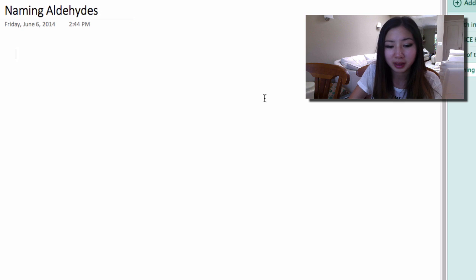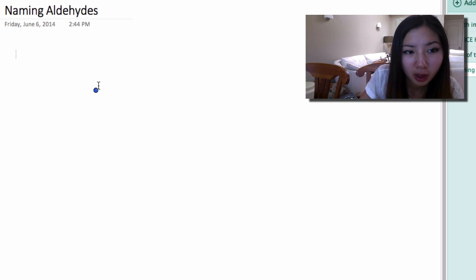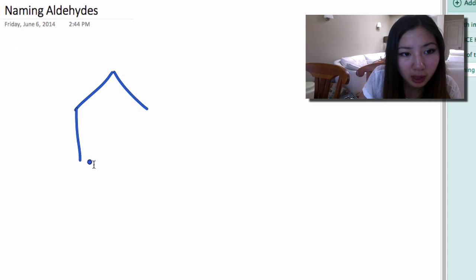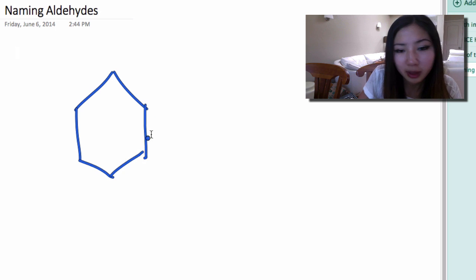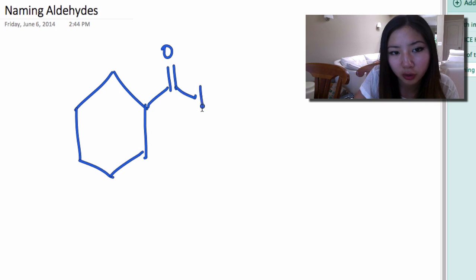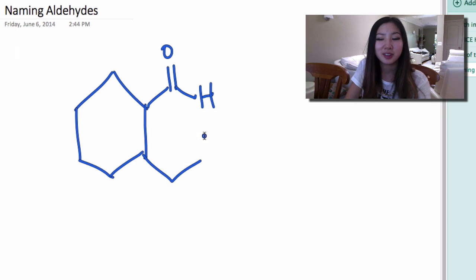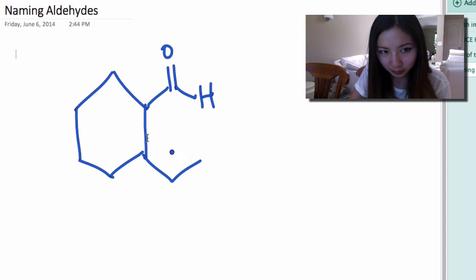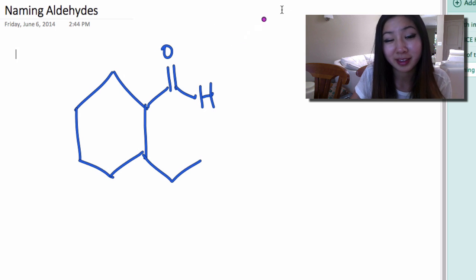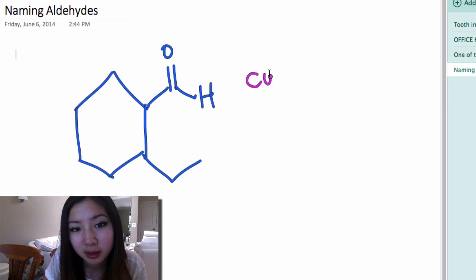Another kind of aldehyde you might see is with a cyclohexane, for example. So in this case, here is our CHO group, and let's put a substituent over there. And so to name this one, first we look for the ring, and we're going to name the ring, and we know that this is, because it has 6, this is a cyclohexane, so cyclohexane is going to be somewhere in the name, right?